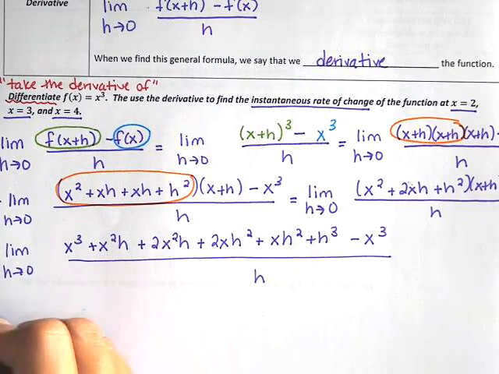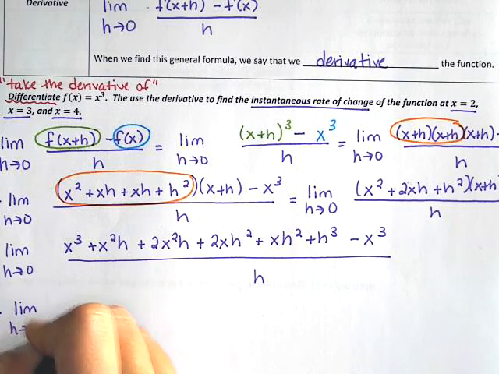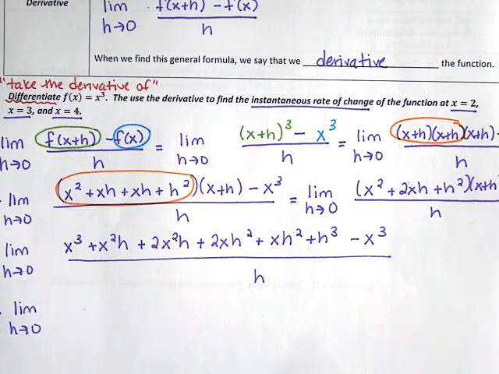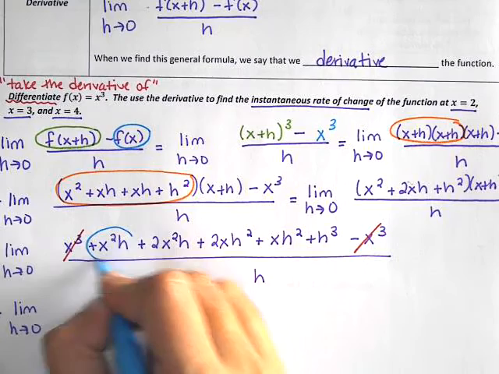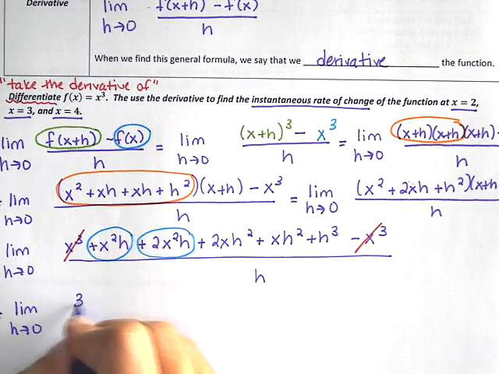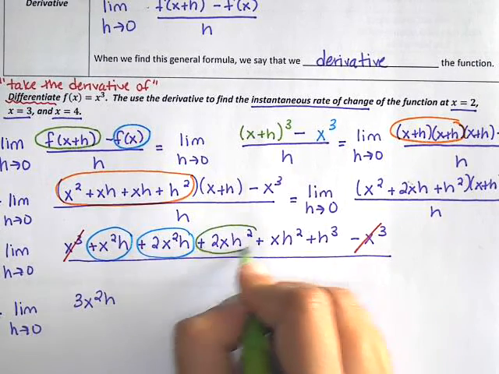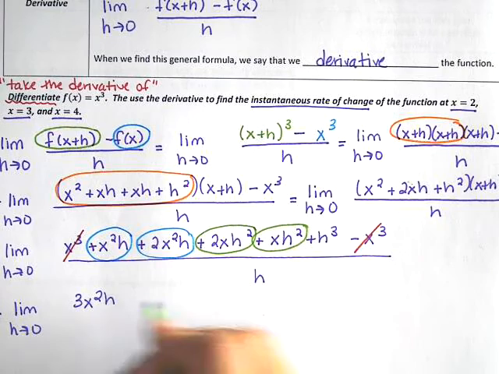Now there are definitely some common terms here, like terms. The first thing I notice if I'm algebraing is that x cubed and x cubed cancel. Woohoo! Now I see some like terms. So x squared h plus 2x squared h would be 3x squared h. 2xh squared plus 1xh squared would be 3xh squared.